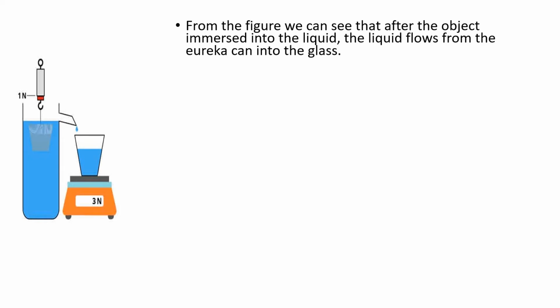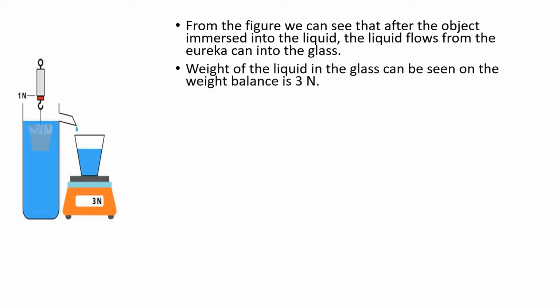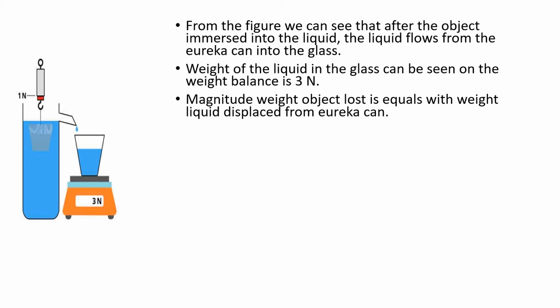From the figure, we can see that after the object is immersed into the liquid, liquid flows from the eureka can into the glass. And the weight of the liquid in the glass, seen on the balance, is 3 Newtons. Here, we can understand that the magnitude of weight loss equals the weight of liquid displaced from the eureka can.